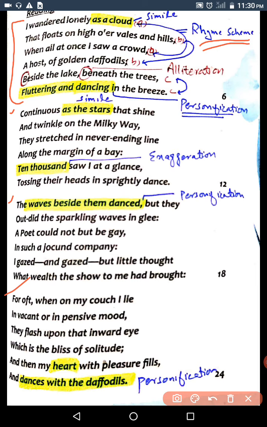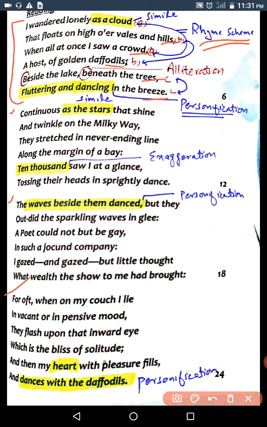Okay, the next line, look again, crowd, it ends on d sound. So cloud, crowd, these are two same sounds. Now look at this, hills, daffodils, trees, breeze.